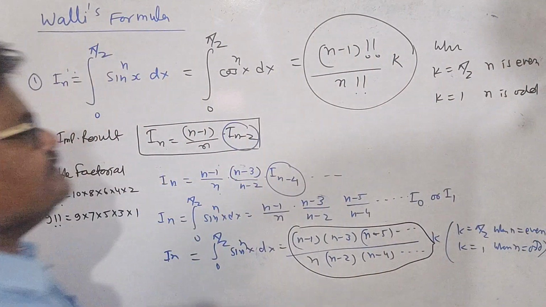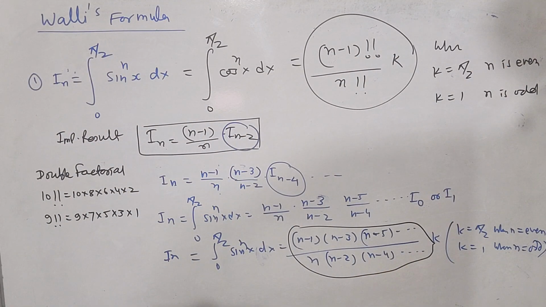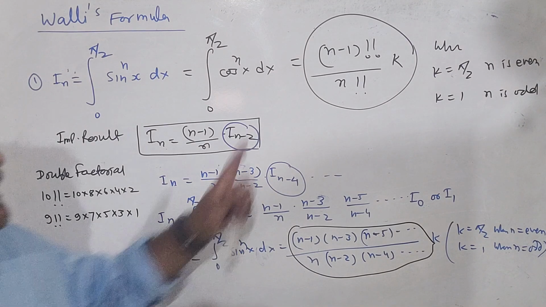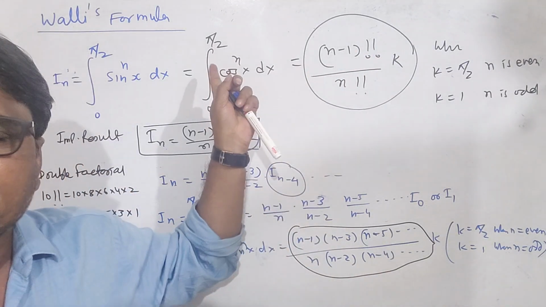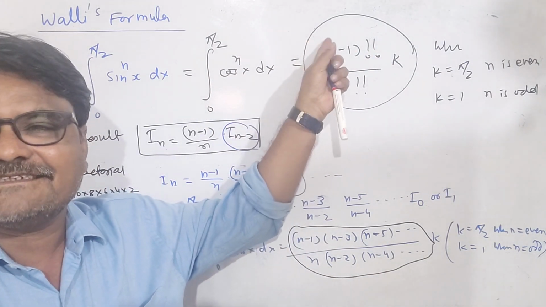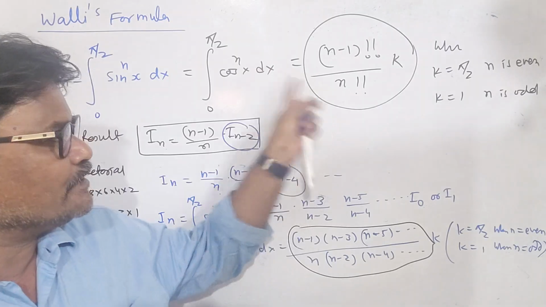So now you can easily remember this Wallis formula. In equal to the integration of sin^n x dx or cos^n x dx, when the limit is always 0 to pi by 2, is the double factorial of n minus 1. What is n there? Then subtract 1, take its double factorial. What is n there?